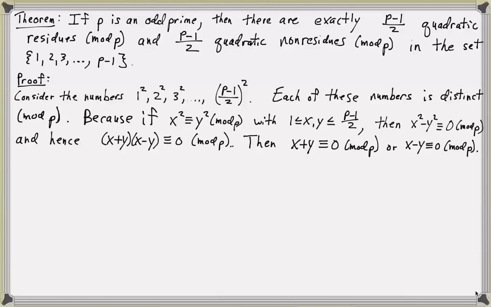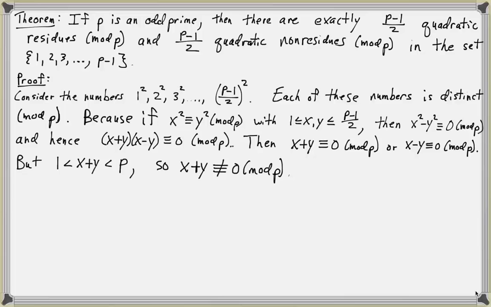But if you think about it, x and y are both between 1 and (p minus 1) over 2. So x plus y must be greater than 1 and strictly less than p. So you can't have x plus y congruent to 0 mod p, because it actually equals an integer between 1 and p. So therefore, x plus y cannot be congruent to 0 mod p.